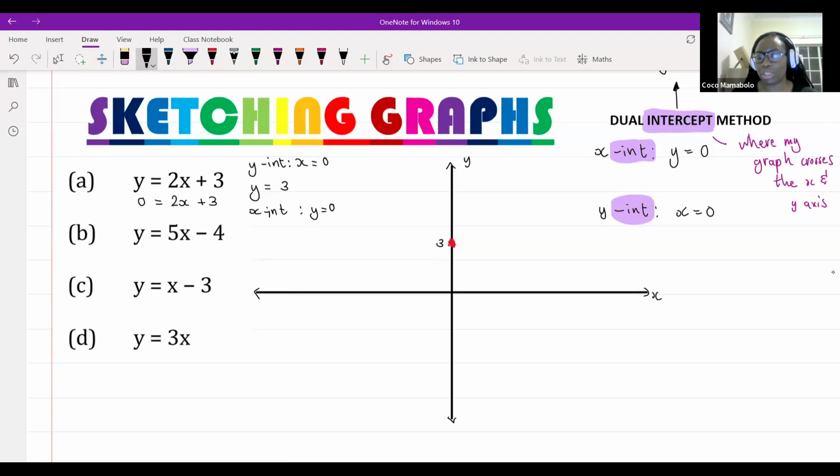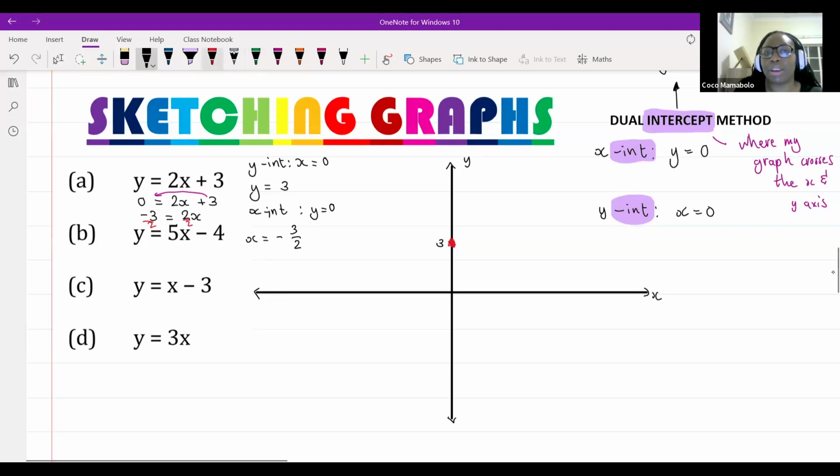Which value? X. We are solving for x. So I'm going to take 3 over to the other side, and I end up with -3 is equal to 2x. Then I'm going to divide both sides by 2. So x is equal to -3 over 2. That is my x-intercept.